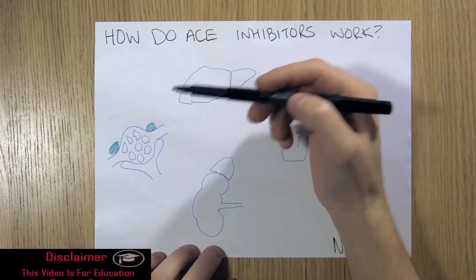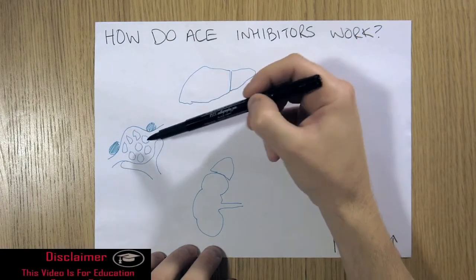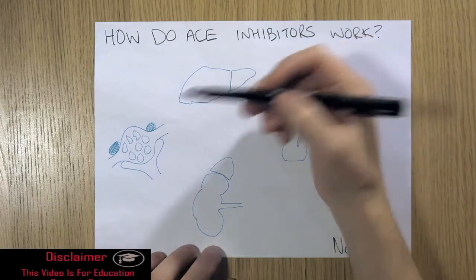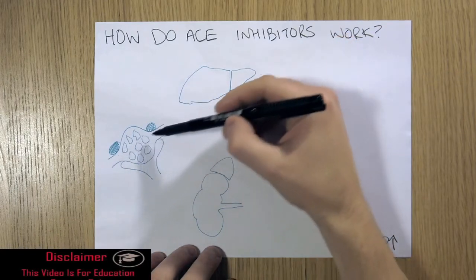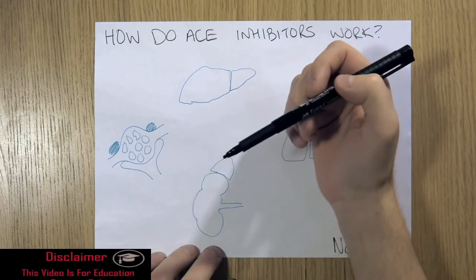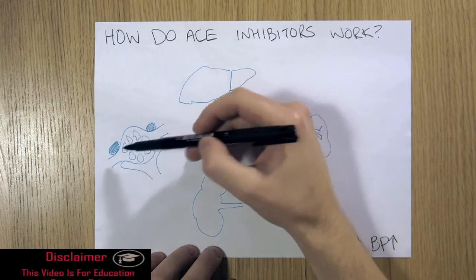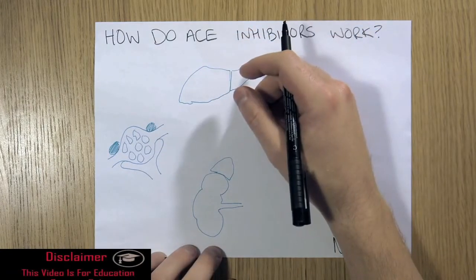And if you remember, this is where blood filters, or things filter from your blood through the glomerulus and across the basement membrane and into your nephron. So this is stuff in your blood, and then it filters out, and this is essentially urine that passes down there into your bladder. And these little dots here represent the juxtaglomerular apparatus.